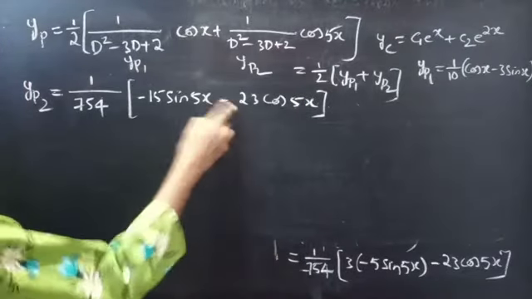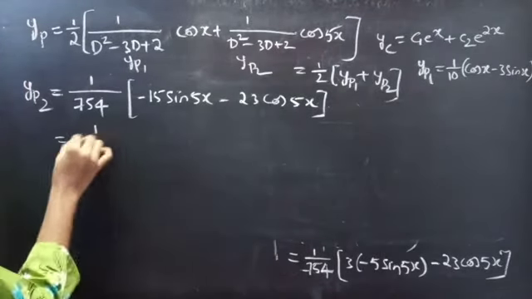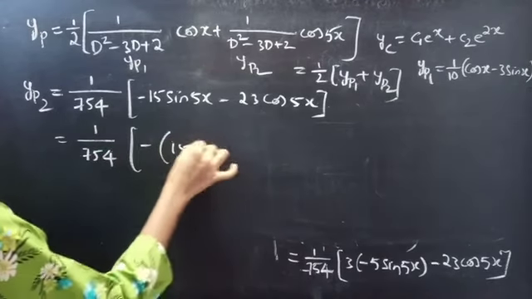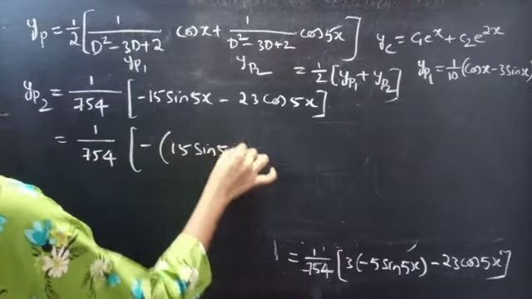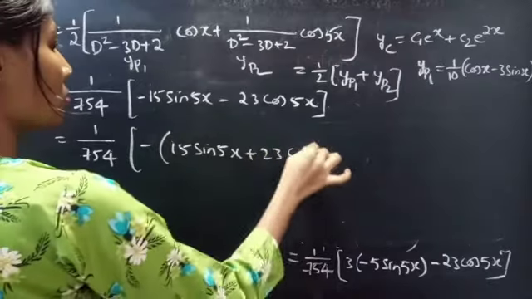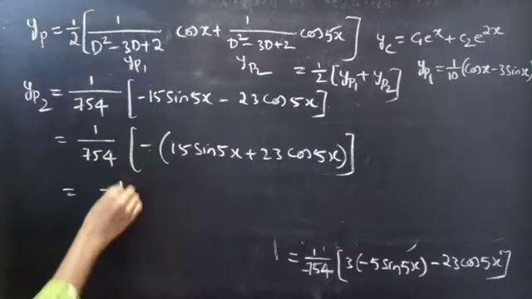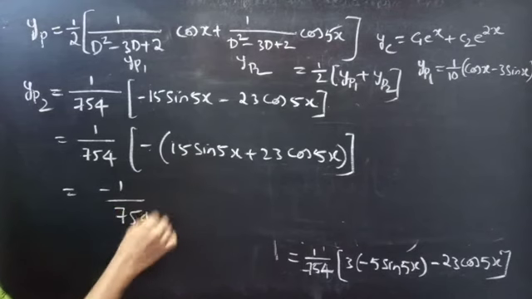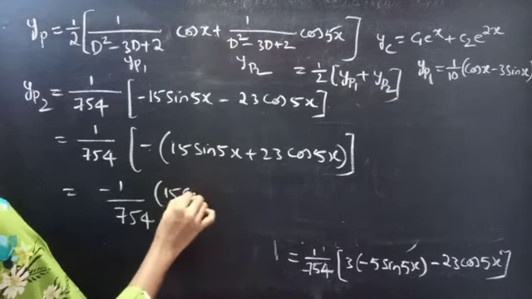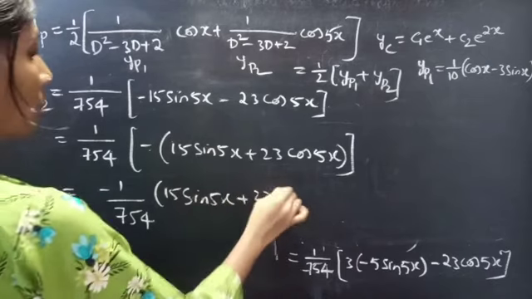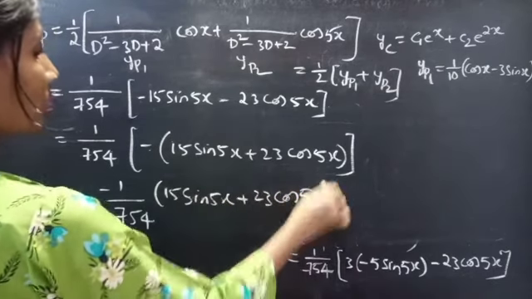Now let's take minus common from these two terms, then we'll get minus of 15 sin 5x plus 23 cos 5x. Right? Finally we'll get minus 1 by 754 into 15 sin 5x plus 23 cos 5x.